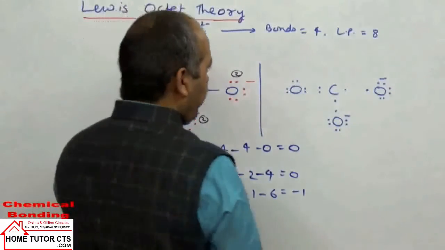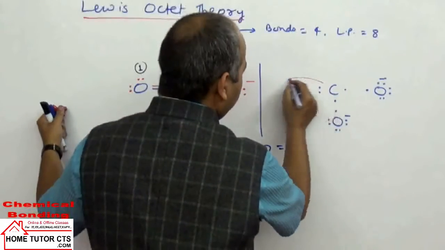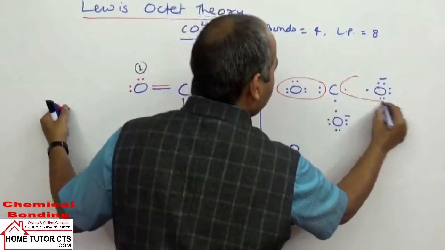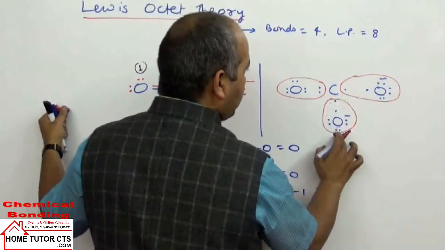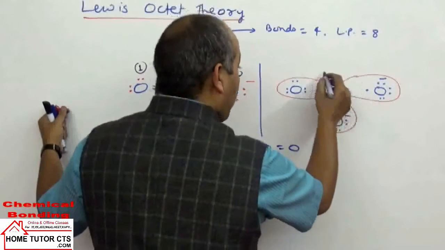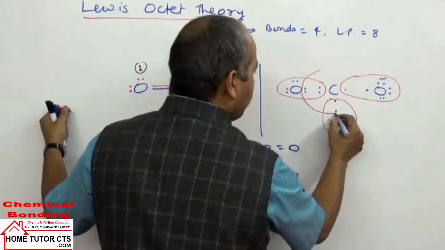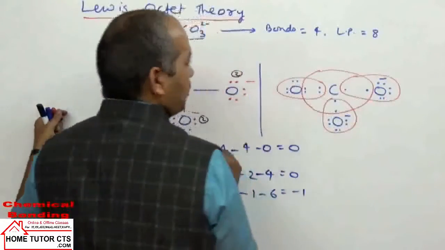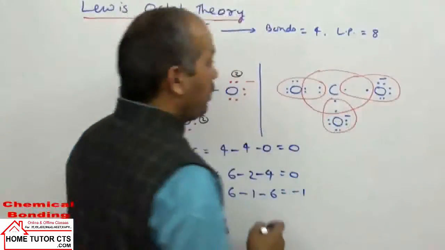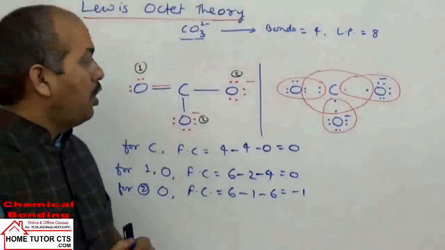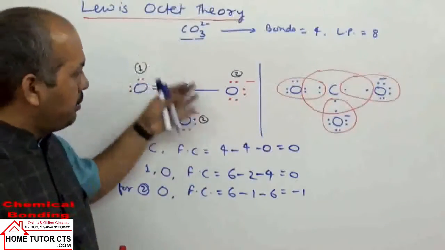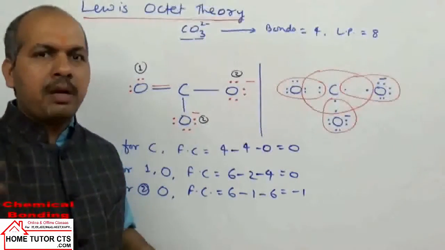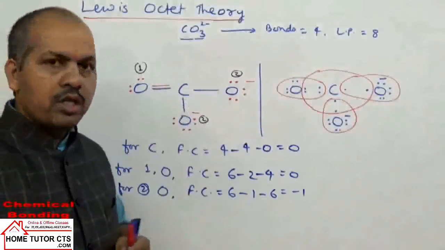With sharing of 2 electrons each, O has a complete octet, and carbon also will have a complete octet, this way. So this can be taken as the Lewis dot structure of carbonate. It is a systematic method in which, without memorizing so many things, you can draw the Lewis structure easily.